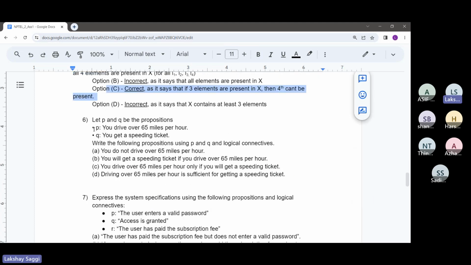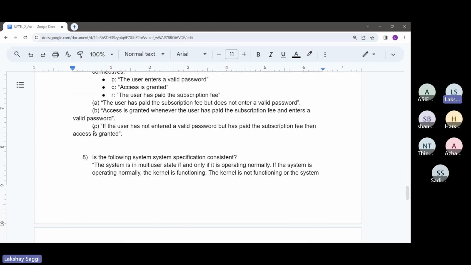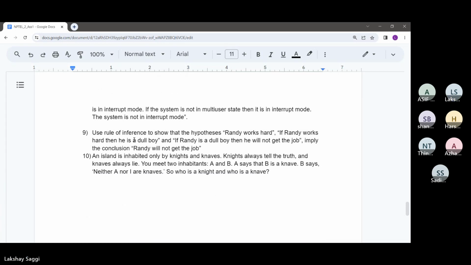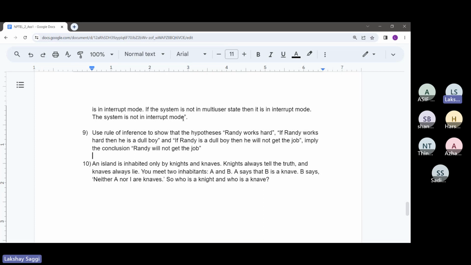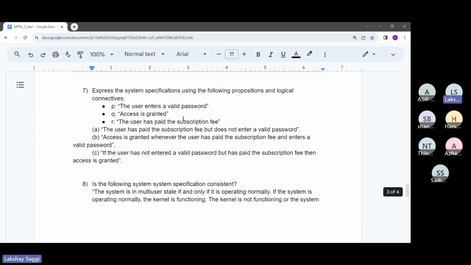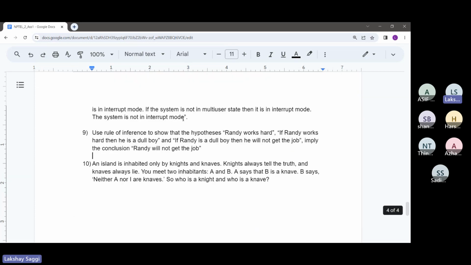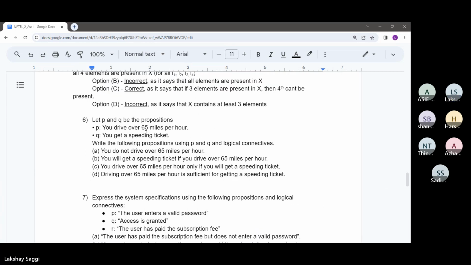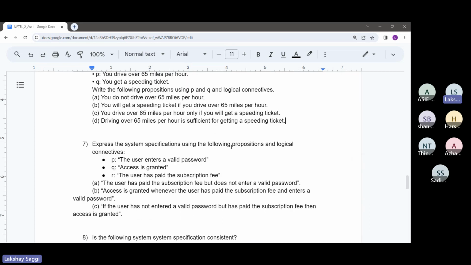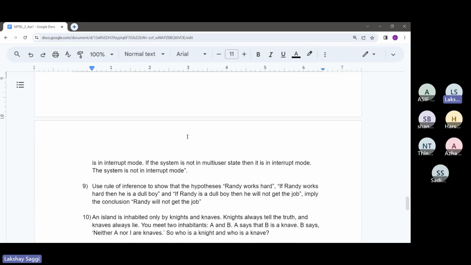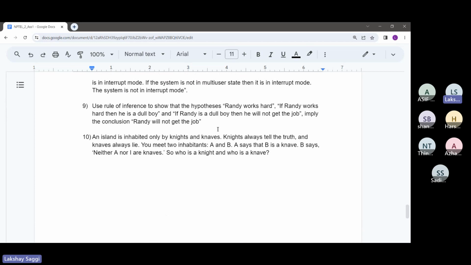So I had some more questions prepared, like 6, 7, 8, 9, 10, but maybe I'll skip the 6th, 7th, 8th, and 9th questions. I'll be posting these problem statements online so you can access them.